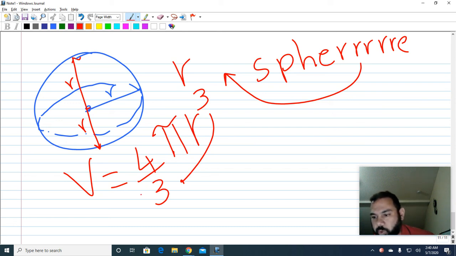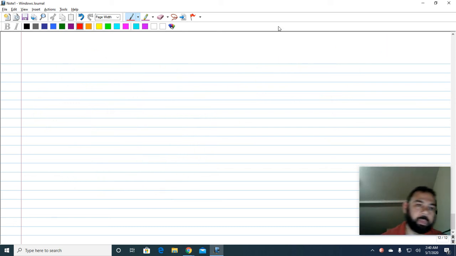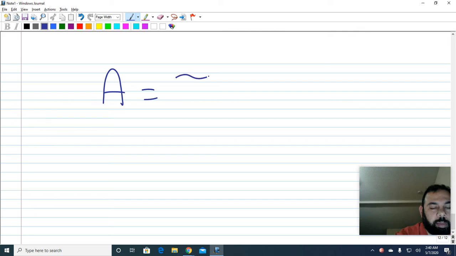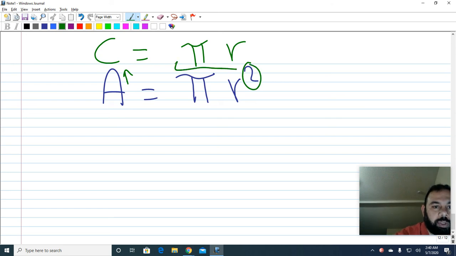So let's put all the formulas together again. Let's use blue, I love blue. The area of a circle equals pi r squared. From this formula, we're able to find the circumference: we're going to have the same pi and r, but this 2 is going to land here.